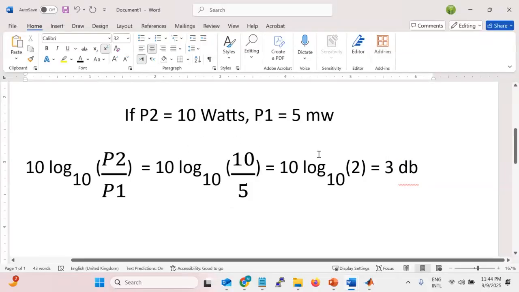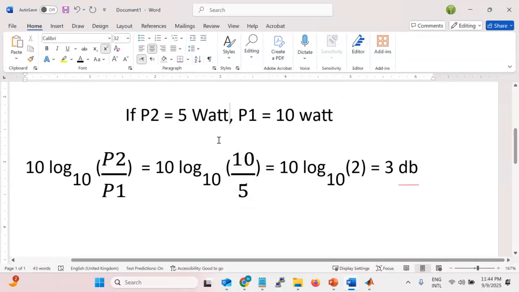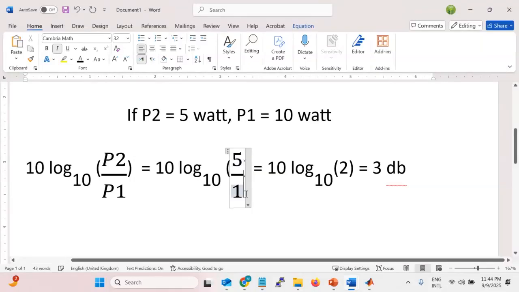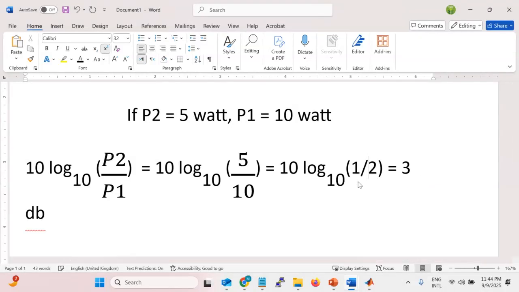Now if the value is minus 3 dB, let me reverse here: P2 equals 5 watt and P1 equals 10 watt. So 10 log P2 divided by P1 equals 10 log 5 divided by 10, which equals 10 log half.